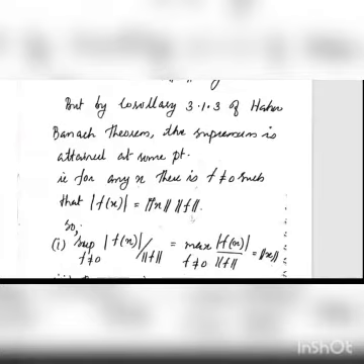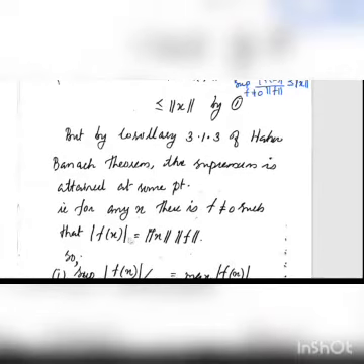So what will you have? The modulus of I_x, you have found it as the supremum over f not equal to 0 of modulus of f of x by norm of f. This is your norm of I_x. But you can replace that with the maximum over f not equal to 0 of modulus of f of x by norm of f.